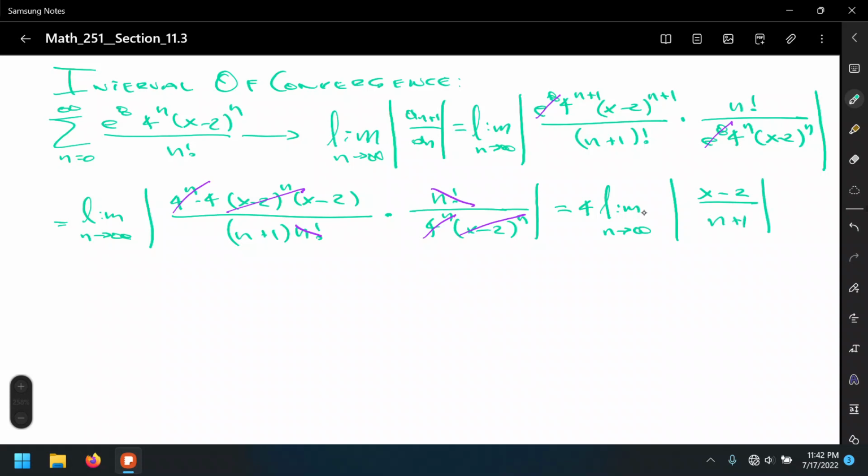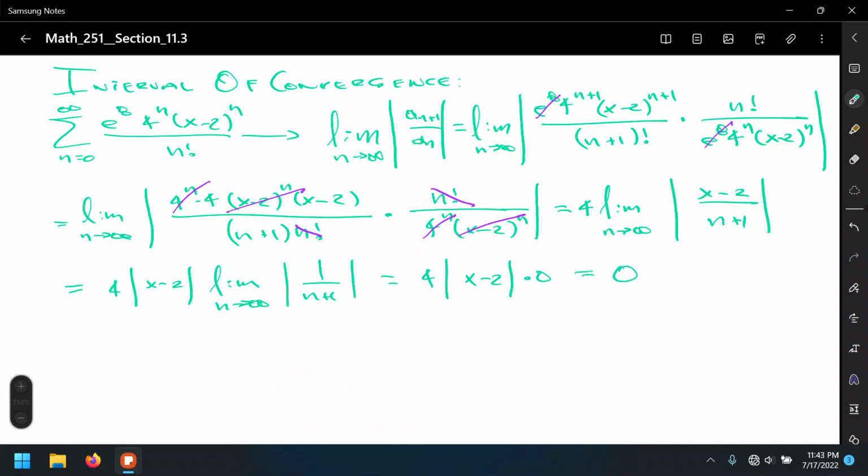But recall that this limit is in terms of n, not in terms of x. So everything in terms of x, I will also have outside. This is 4 times the absolute value of x minus 2, times the limit as n approaches infinity of 1 over n plus 1. This limit happens to be 0, so we have 4 times the absolute value of x minus 2 times 0.